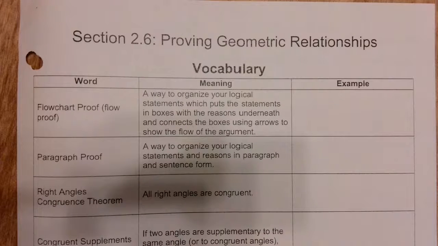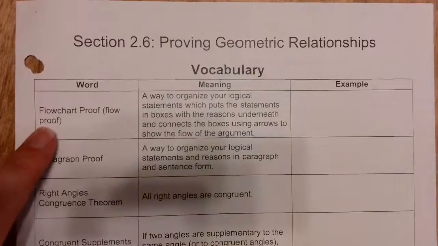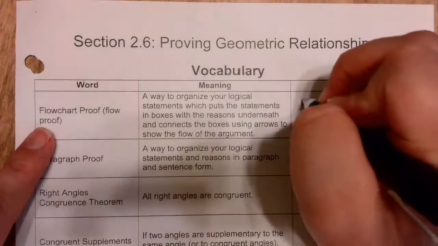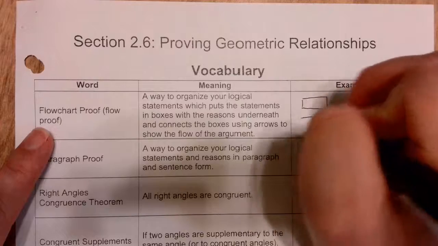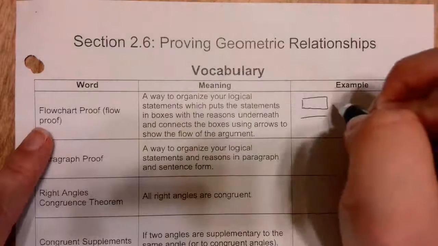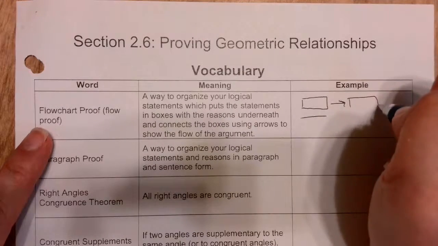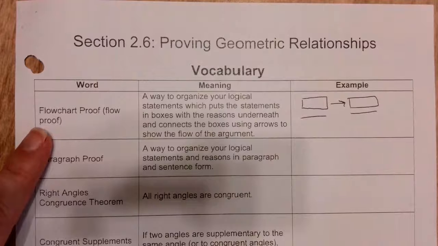So first vocab word is a flowchart proof. The 2-column proofs that we did in 2.5, where you did the statements and the reasons, that's one way to organize your proof, your justifications. There's another way called the flowchart, where you do boxes, and then you connect the boxes with arrows.